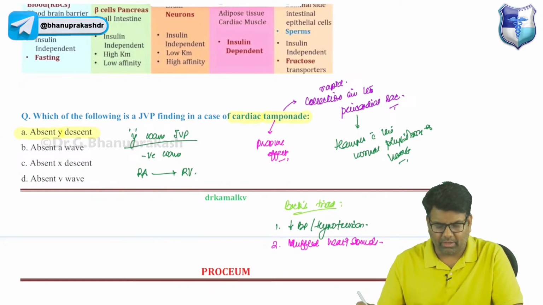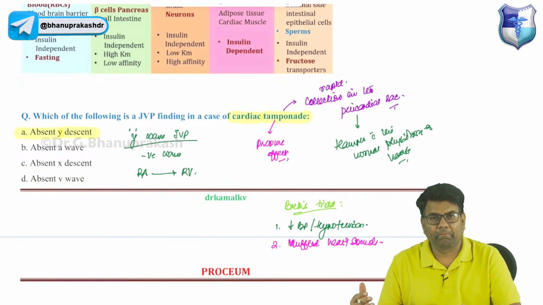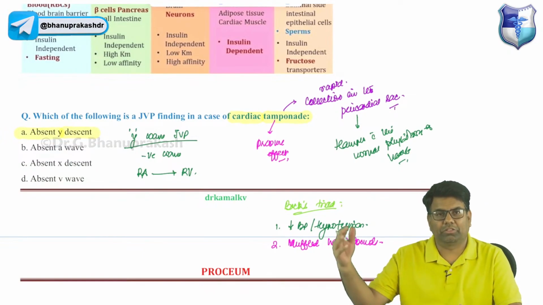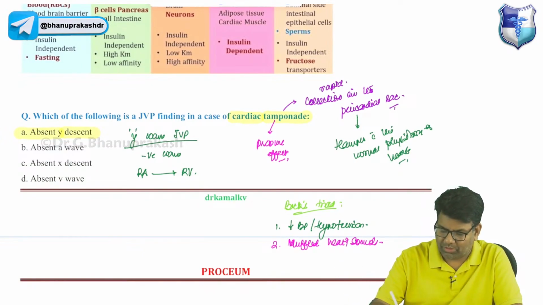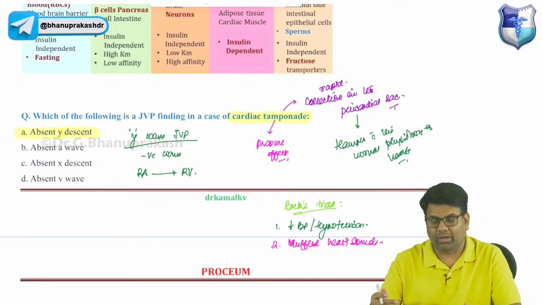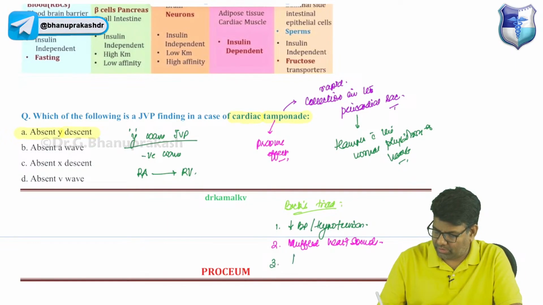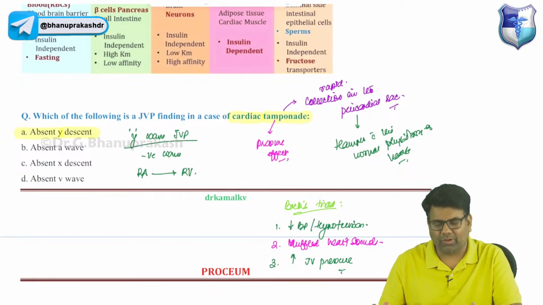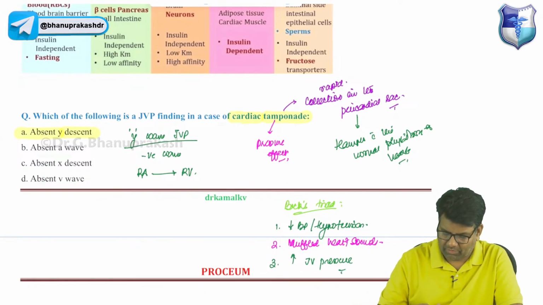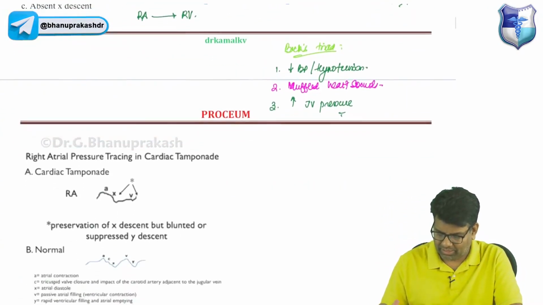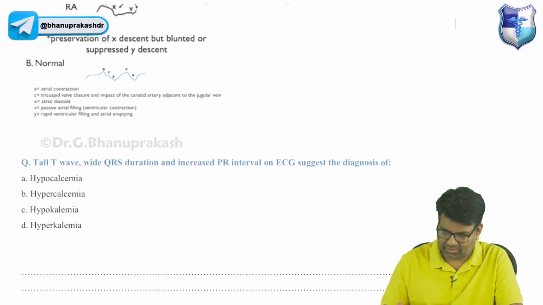It will appear as if the heart is beating at a very distant place. So muffled heart sounds, because the collection around the heart is a poor conductor of sound. And third is, of course, raised jugular venous pressure. Yeah, this is Beck's triad for cardiac tamponade. Anyway, please remember absent Y descent and a prominent X.